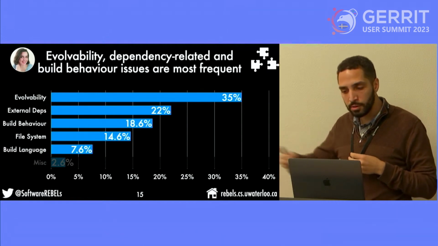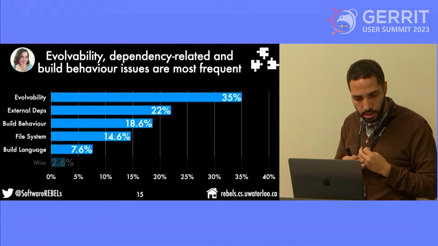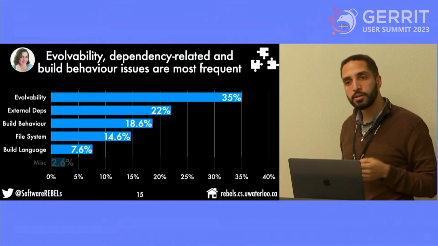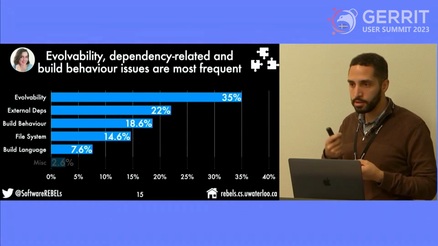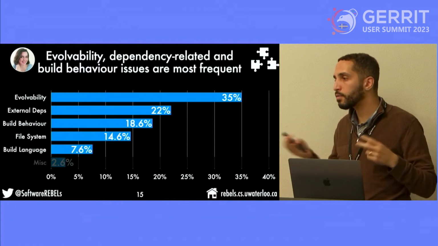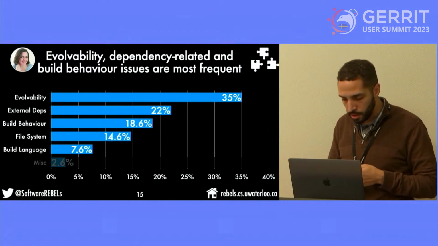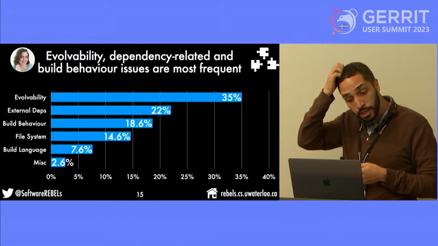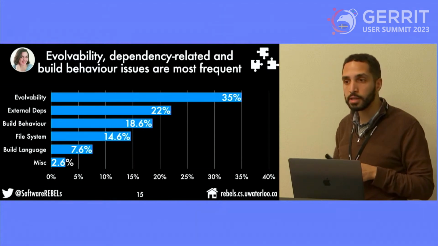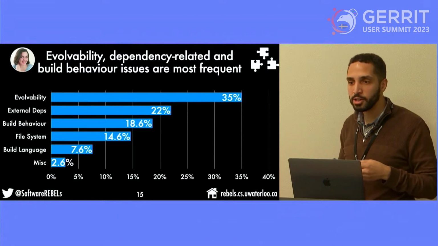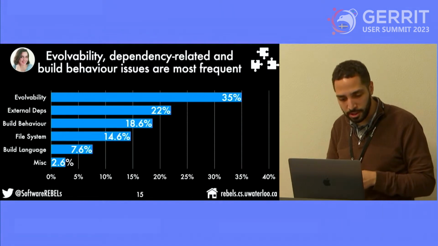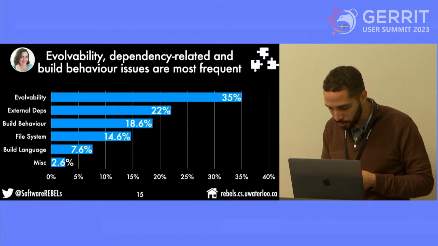We'll see when we get to the perceptions section why there's so much discussion about the build languages, but this is about the semantics and the syntax of the change themselves. And finally, there are some miscellaneous ones that didn't really fit into a nice category, one of which is like getting their change to work in Gerrit, which is kind of funny for this group.